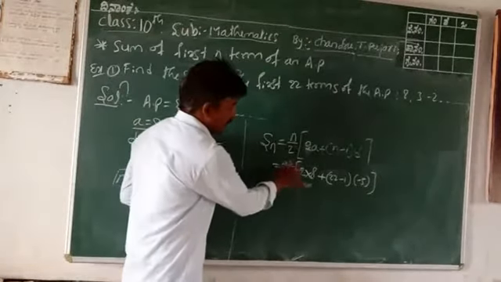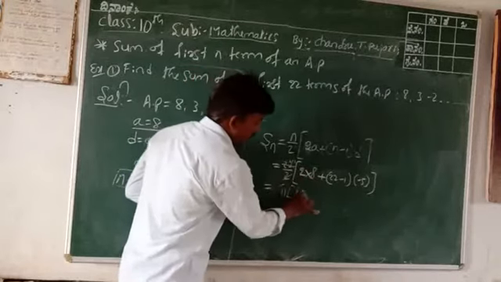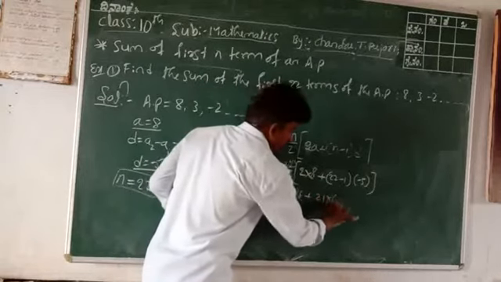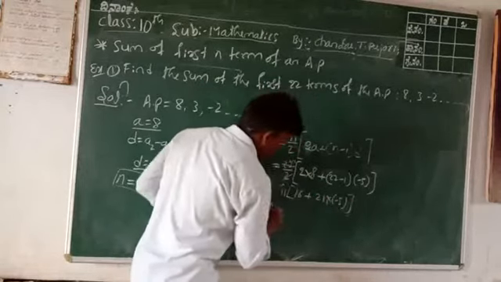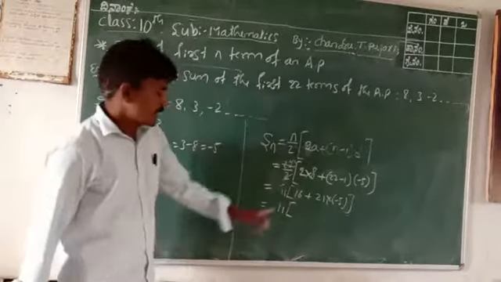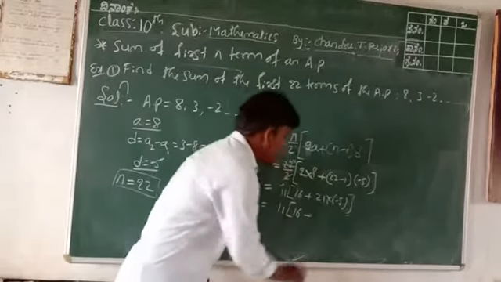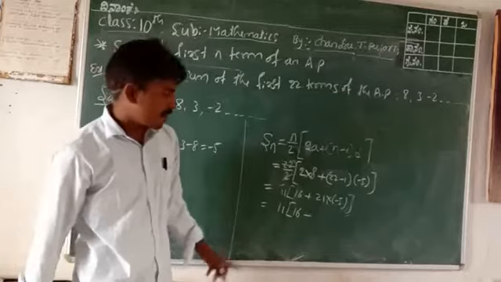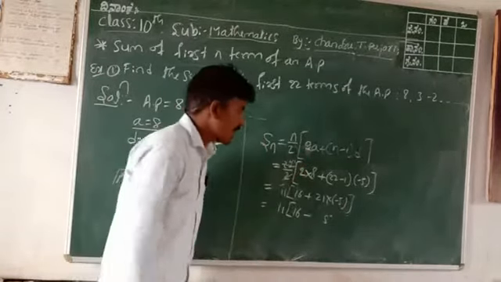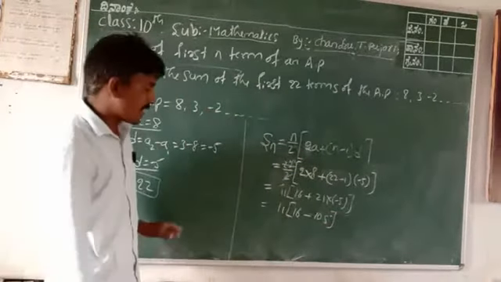2 ones are 2, 11s are 11, into bracket of 8 2s are 16 plus 22 minus 1 is 21 into minus 5, bracket complete. Equals 11 into bracket of 16 plus 21 into minus 5. 5 ones are 5, 5 twos are 10, that is minus 105.